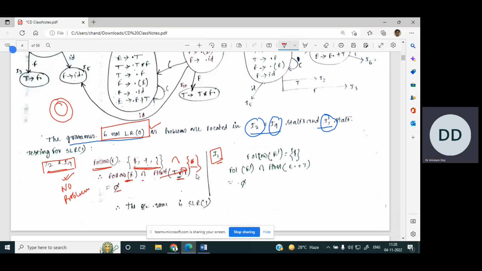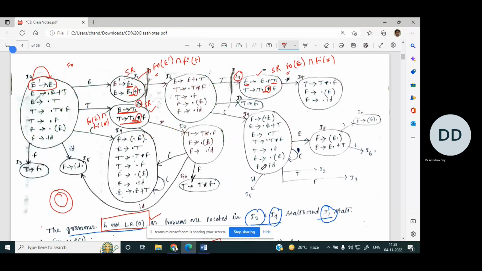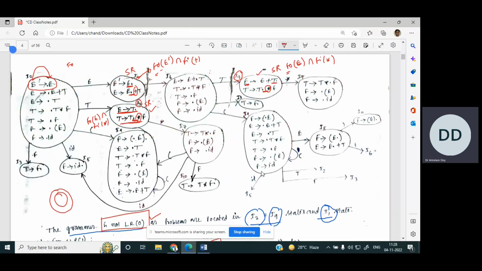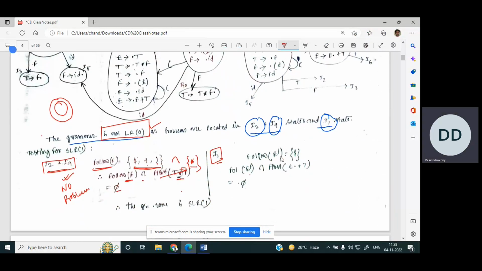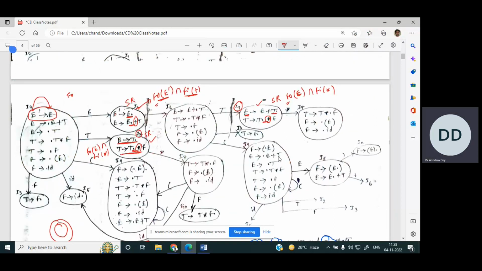For state I1, you check just before, we have to perform the follow of E' and first of plus operator. So follow of E', we just calculated, it is dollar. And first of this, that means first of the plus operator.